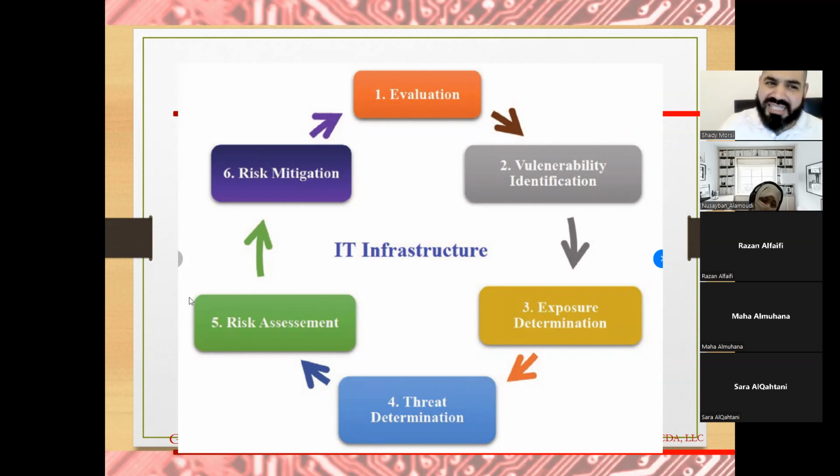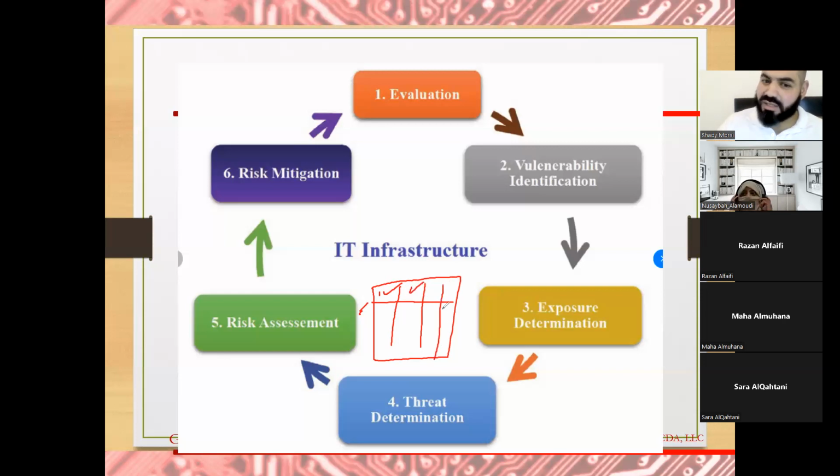So what exactly is in a risk assessment? Because I keep saying risk assessment. In a very easy way, you will have a document saying: I have asset number A or 1, and this asset could be a database. The impact if the database is down is very high on my organization.